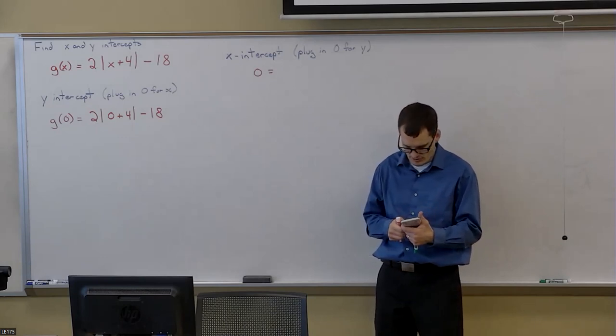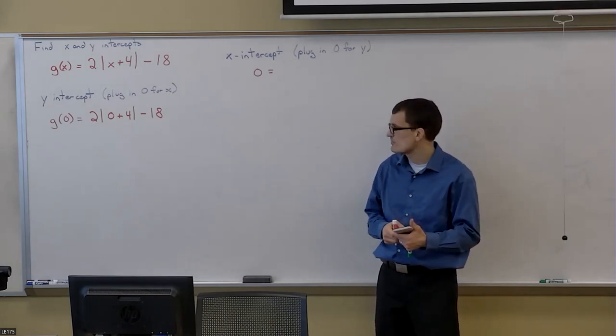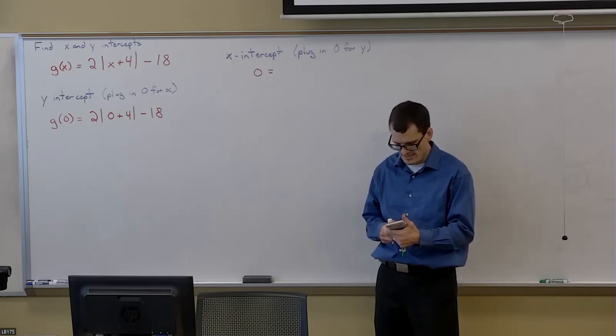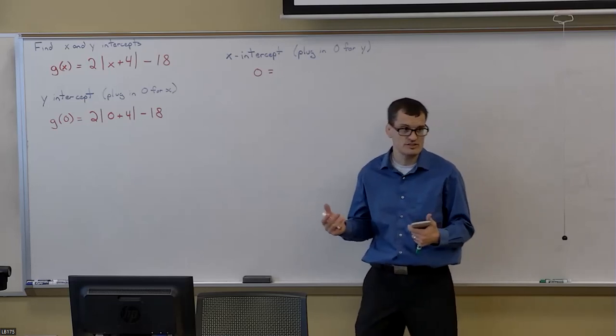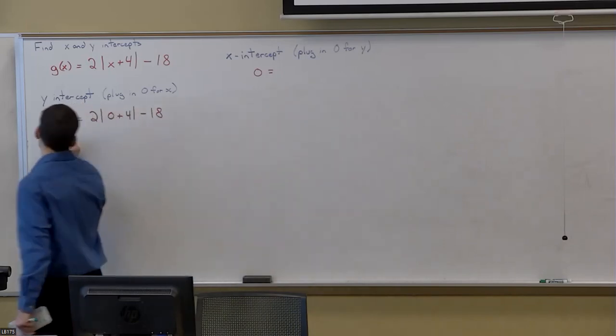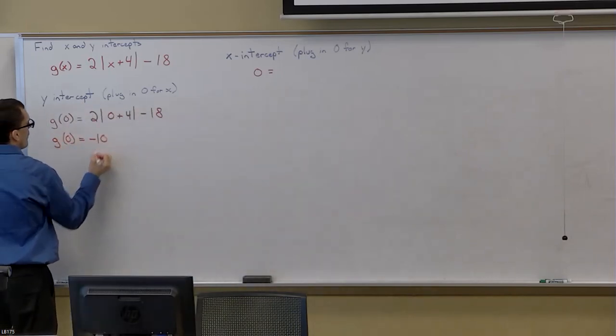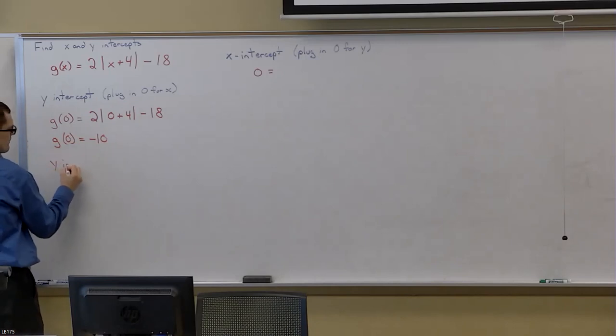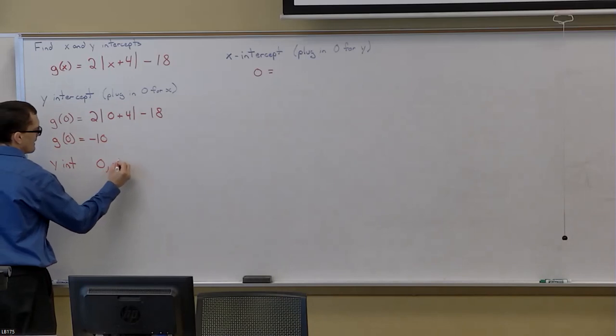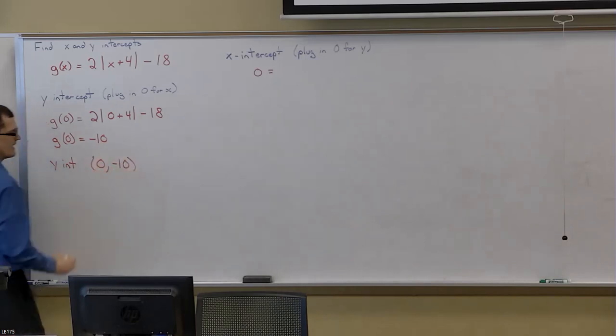You take 2 times 4, and then subtract 18, you get a negative 10. So the y-intercept is the point 0, negative 10.